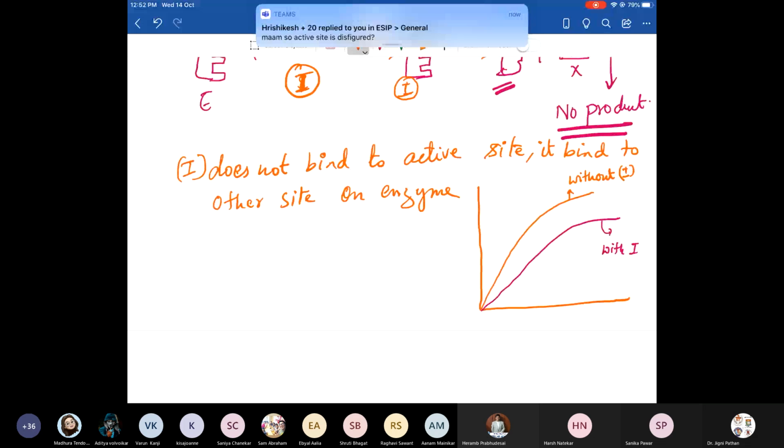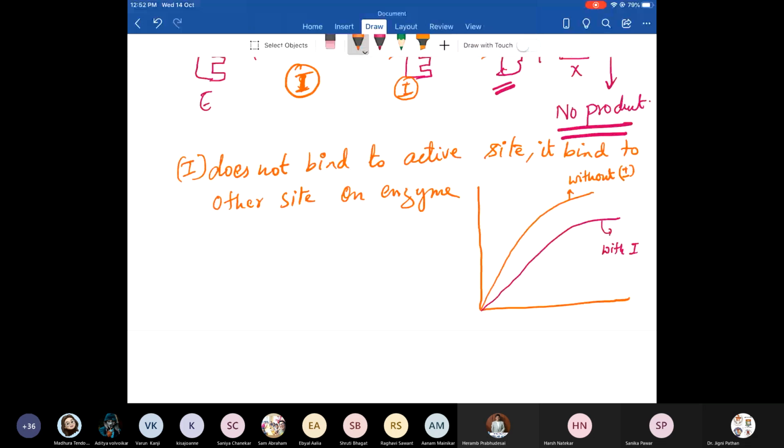Yes, disfigured. So the active site is disfigured. You're getting the right way.